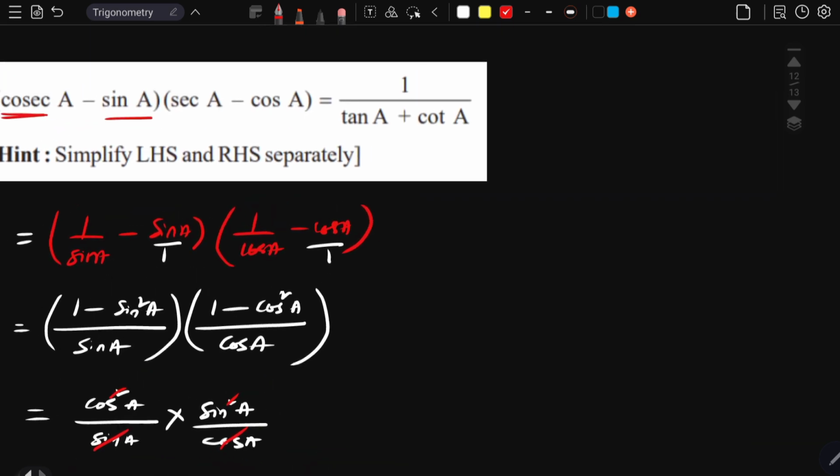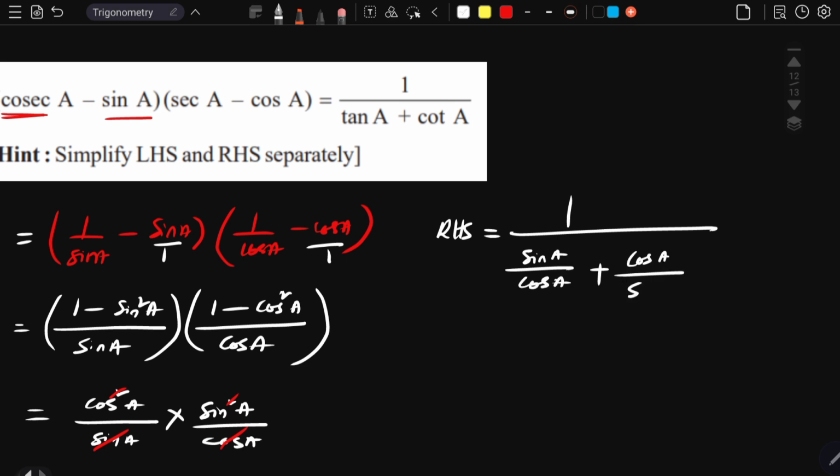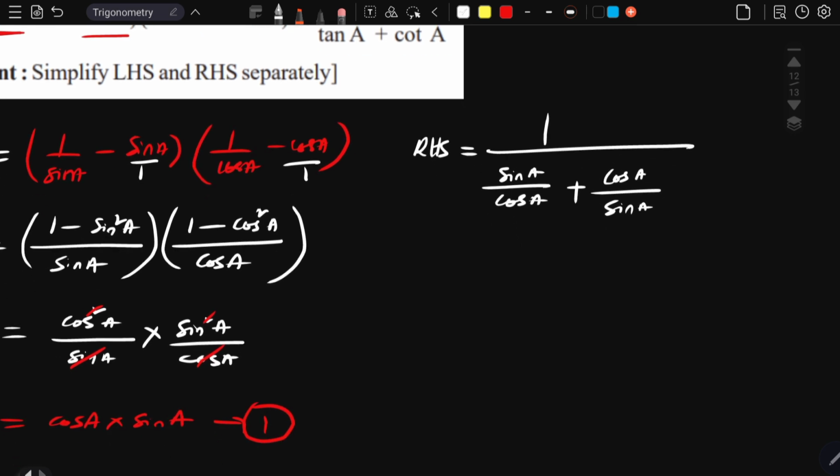Take RHS separately. RHS is equal to 1 divided by tan a plus cot a. Tan a we write as sin a divided by cos a, and cot a we write as cos a divided by sin a. Got it. So now the denominator LCM will be sin a into cos a.